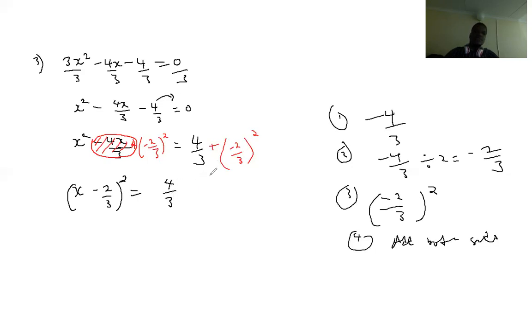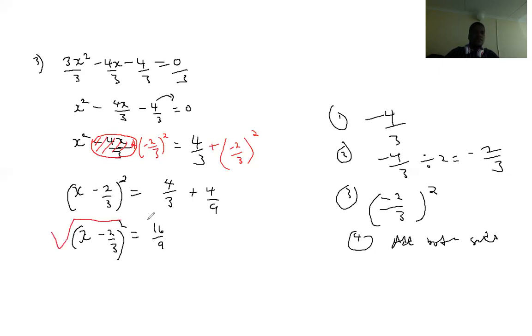And here, if you square that, you're going to get a plus 4/9. So now we have x minus 2/3 squared is equal to, if we punch that in the calculator, 4/3 plus 4/9 is equal to 16/9.